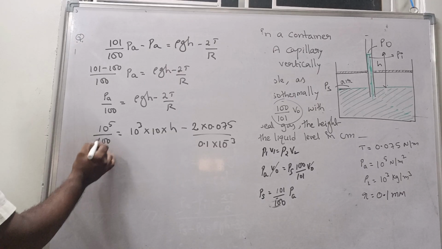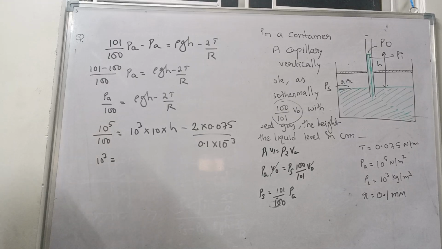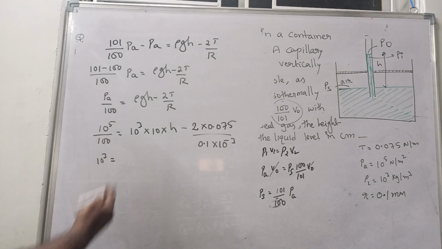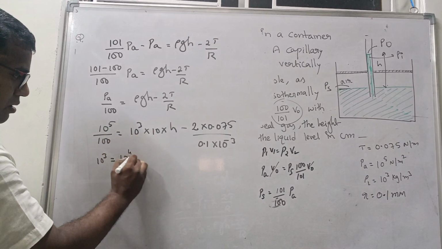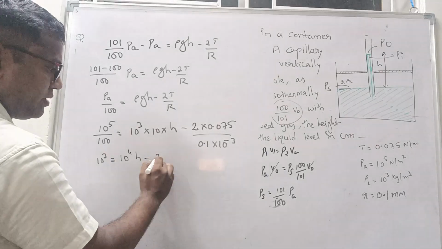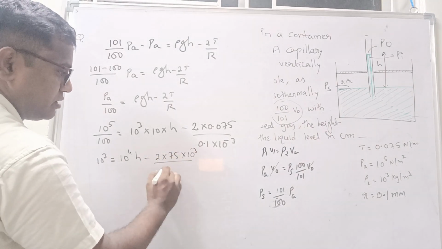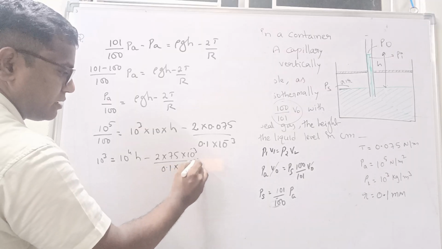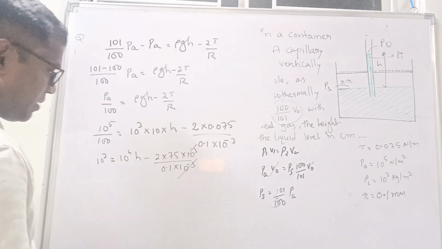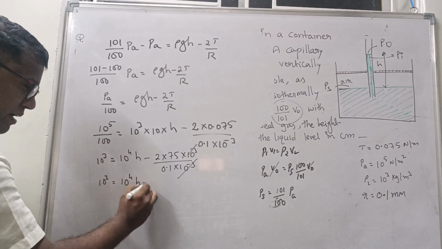So here 10 power 3 is remaining. And here it is 10 power 4 H minus 2 into 75 into 10 power minus 3 upon 0.1 into 10 power minus 3. 10 power minus 3, 10 power minus 3 cancel. So here 10 power 3 is equal to 10 power 4 H minus.